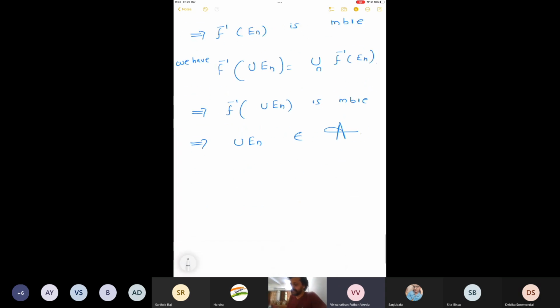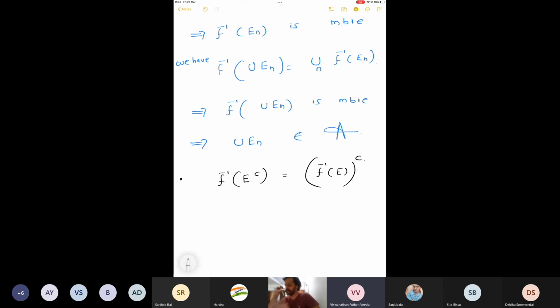Now for complementation. Note that f inverse of E complement is equal to the complement of f inverse of E. In general, f inverse respects all these set operations: union, intersection, complement. But f in general will not.